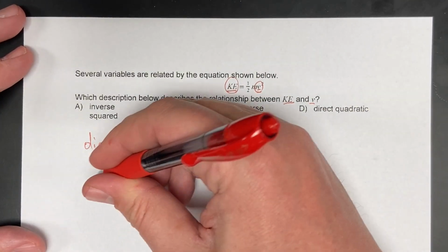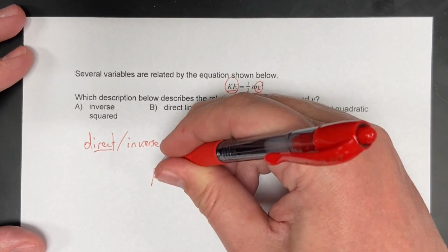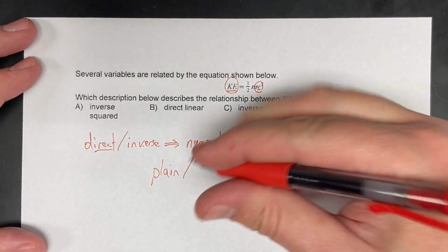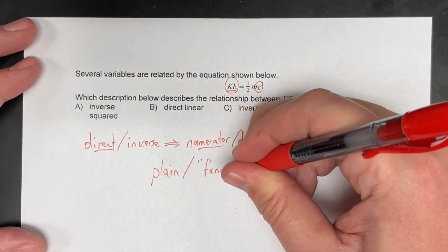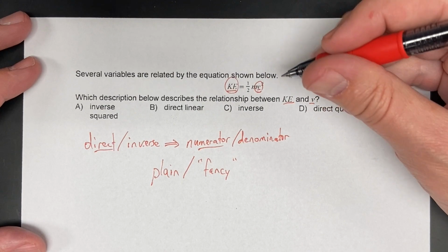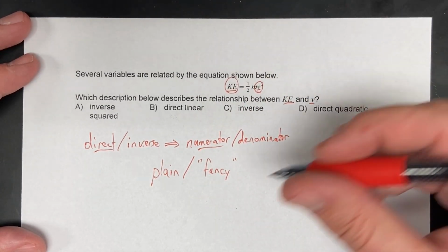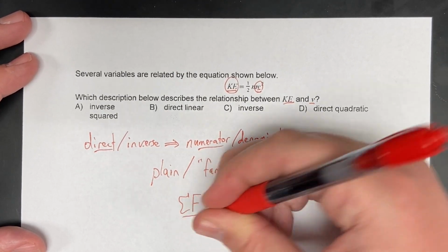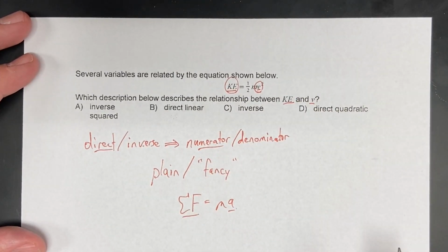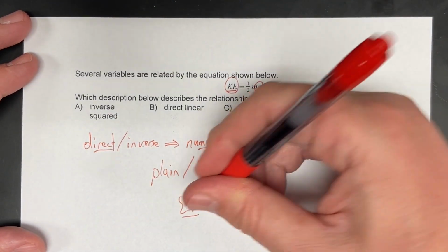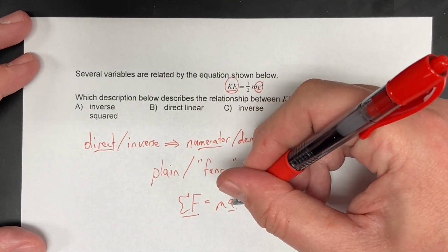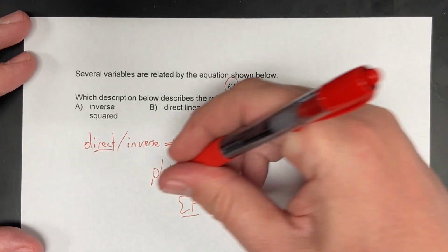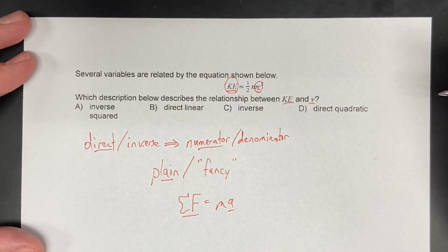Well, the second part we can work out using, not the math class terms, but I just call it plain versus fancy. So if you have an equation like net force equals ma, where not only are force and a in the numerator, but acceleration and net force are both plain when we solve for one, then they're a linear relationship.